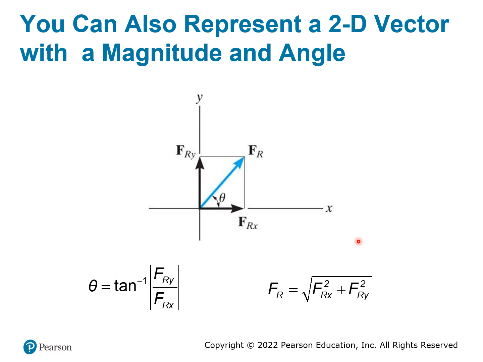If you know the components, you can also find the magnitude of the vector F_R. This F_R here is not a vector, it is the magnitude of the vector. So you just take the square root of F_Rx squared plus F_Ry squared. That's how you find the magnitude and angle of the vector F_R.